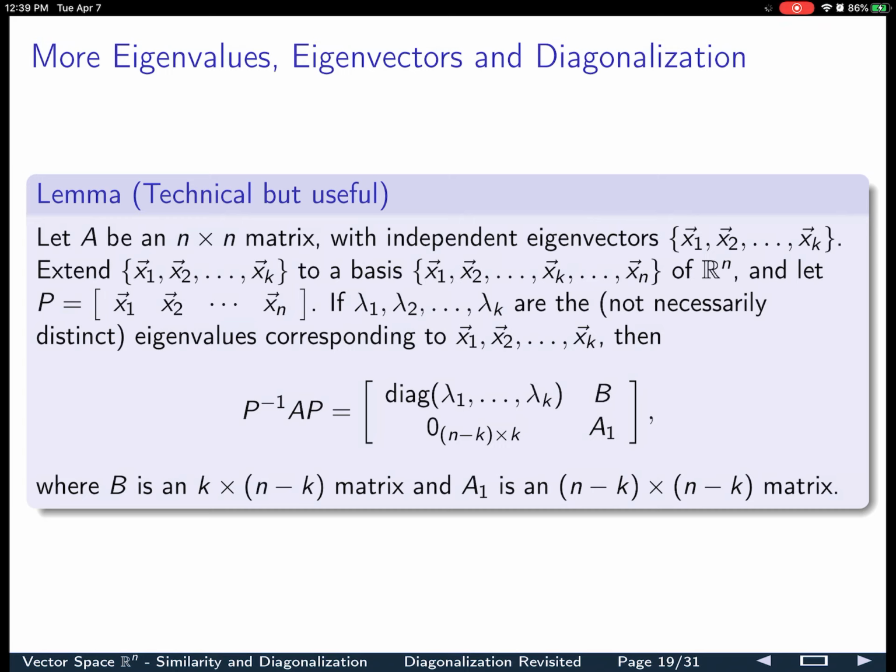What this says is that we have a matrix A. It has k linearly independent eigenvectors.